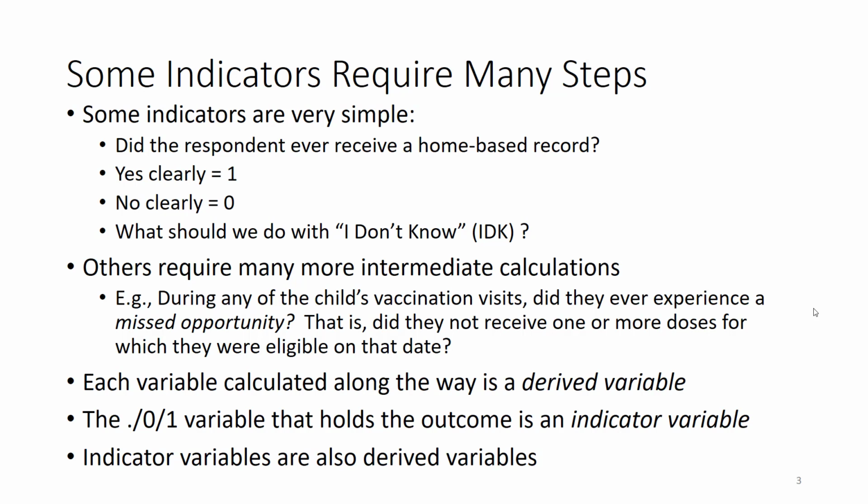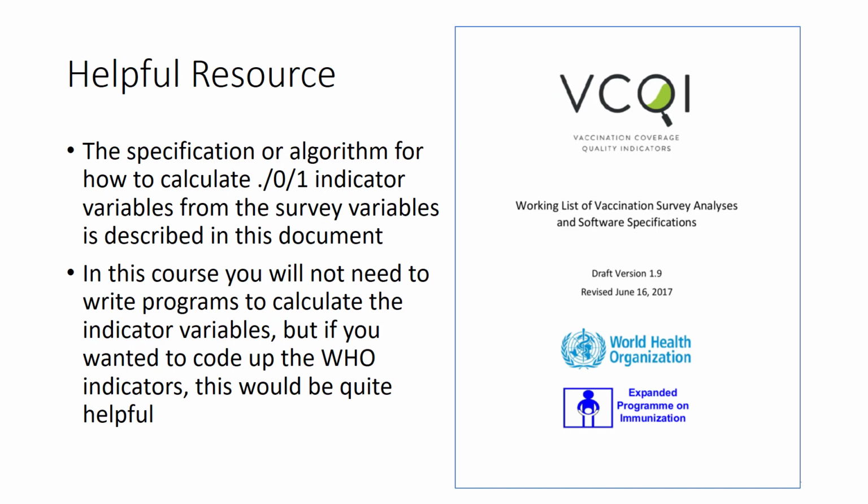But ultimately, for each indicator, we get to a variable that holds the value either missing or 0 or 1, and we usually call that an indicator variable. Indicator variables, it's also valid to say those are derived variables. When I say derived variables, I mean all of the variables that we calculate from the survey variables.